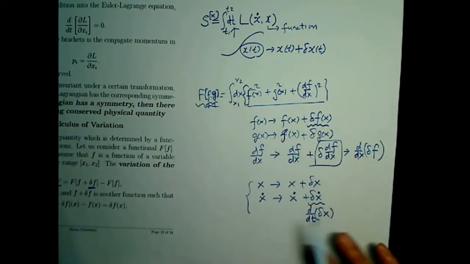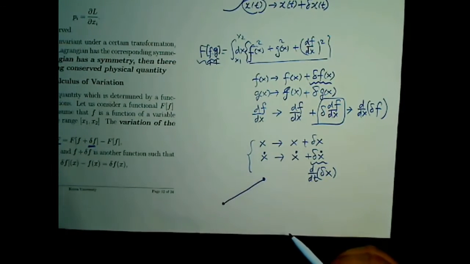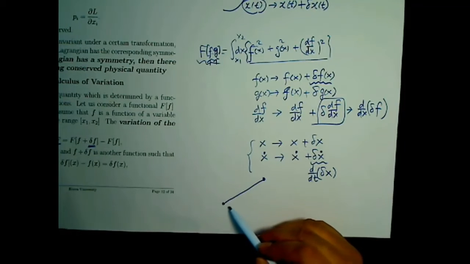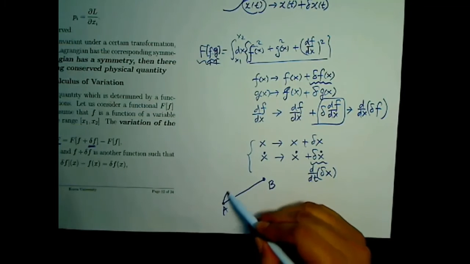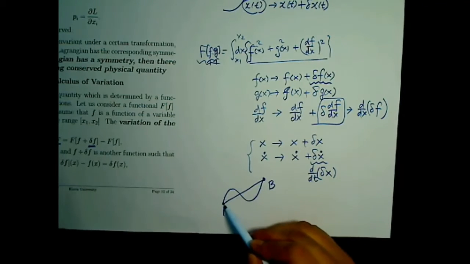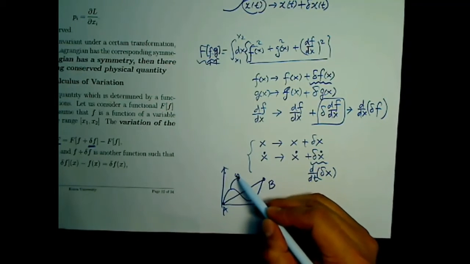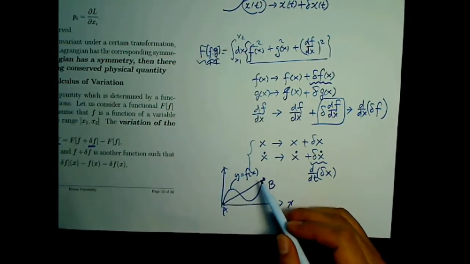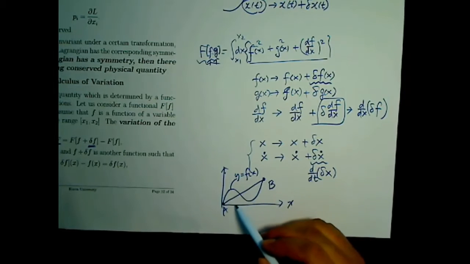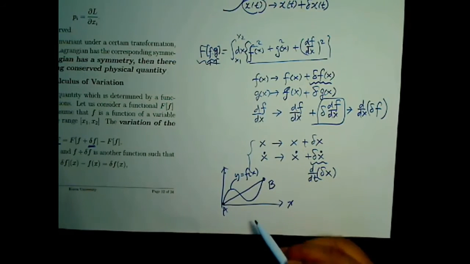For example, if I want to find the length that connects the two points, I can introduce x and y, and this y is called f of x, and this curve is a function of x, and what I want to do is to find out the minimum value for the distance.